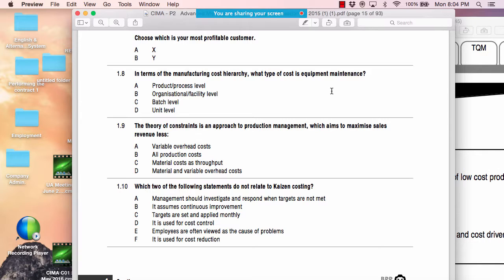And employees are supposed to be the resource that helps you out of this, not viewed as the cause of problems. And what about you, Elaine? You chose C. Yeah, which I got wrong, because C does relate to Kaizen. The correct answer is D and E. Okay.